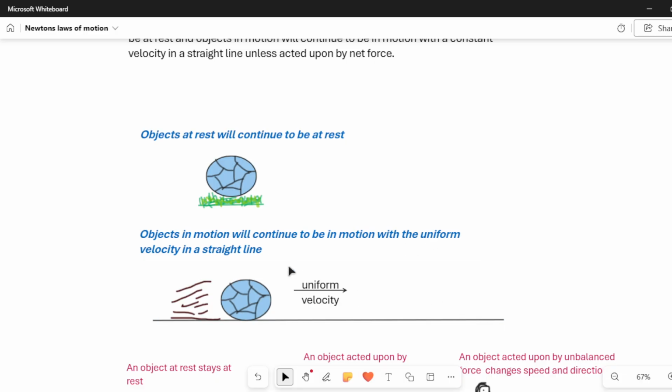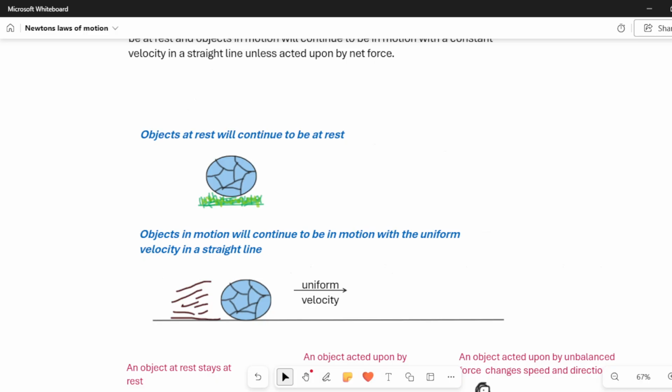It will never stop moving. So Newton's first law is satisfied there. Hope you have understood. On our earth it's difficult to achieve that ideal scenario, but in space you will be able to see it work. Okay, so hope you have understood Newton's first law of motion.